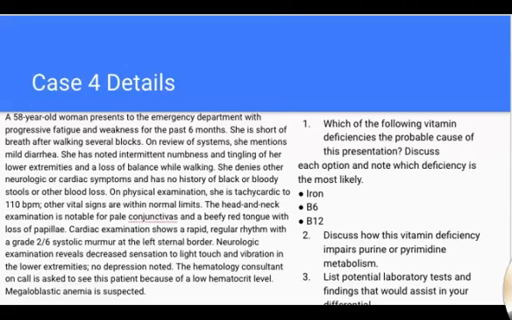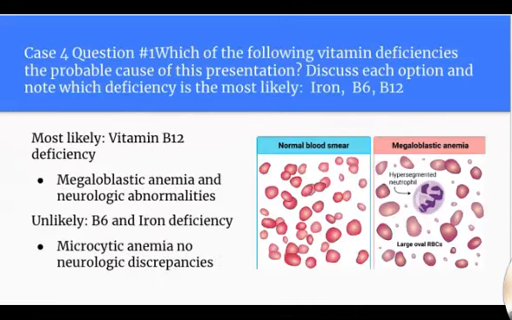No depression noted. The hematology consultant on call is asked to see the patient because of low hematocrit level. Megaloblastic anemia is suspected. The first question asks, which of the following vitamin deficiencies is the probable cause of this presentation? Discuss each option and note which deficiency is most likely, whether it's iron, B6, or B12.